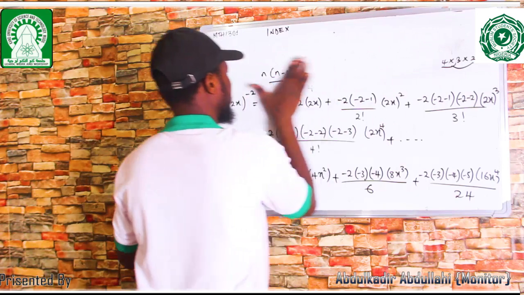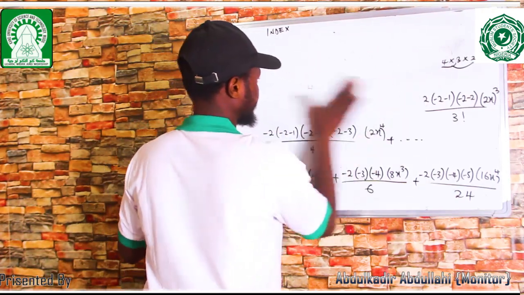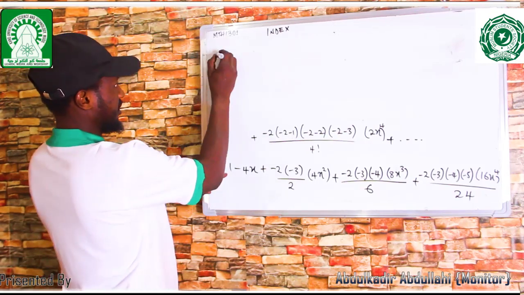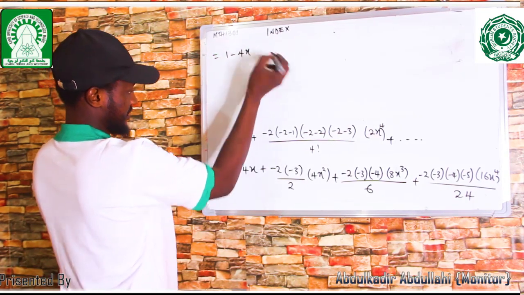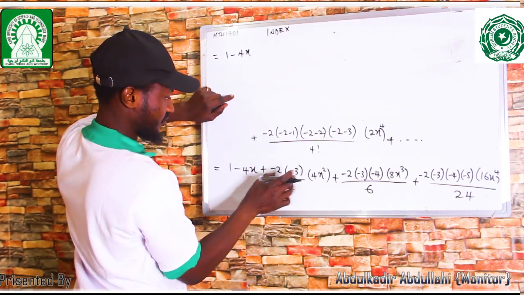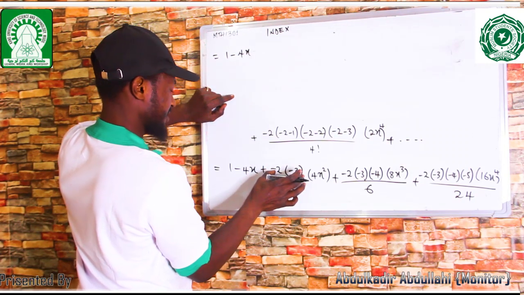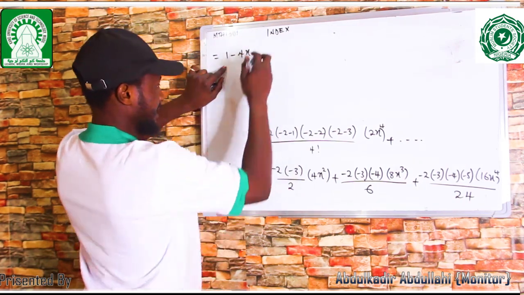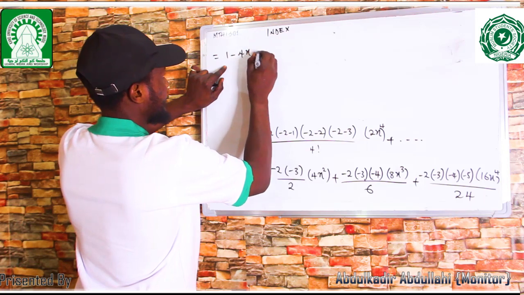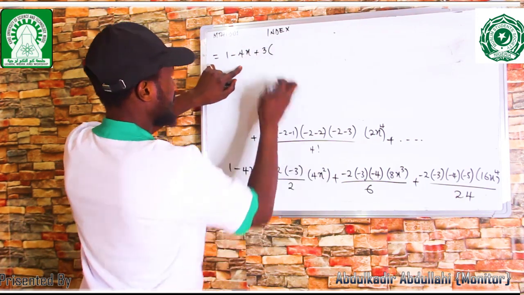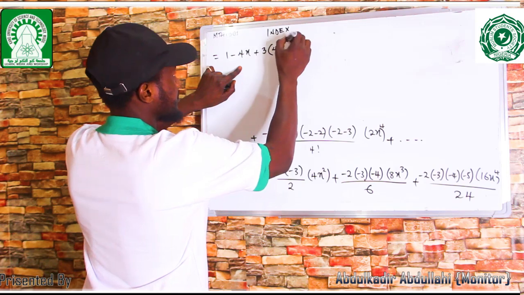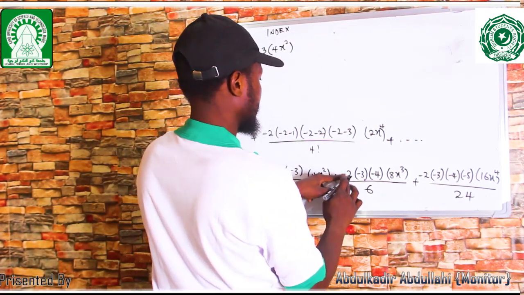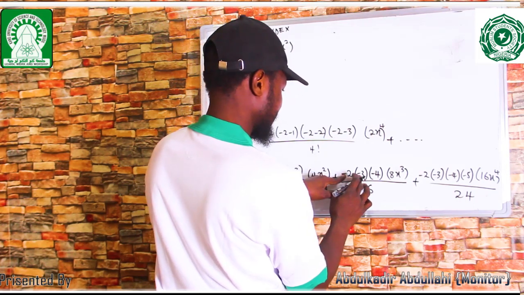Now let's simplify here. Simplifying, we have 1 minus 4x, minus minus plus 4 times 2 times this is 6. 6 divided by 2 is 3. We're going to have plus 3 into 4x squared, minus 2 times this.